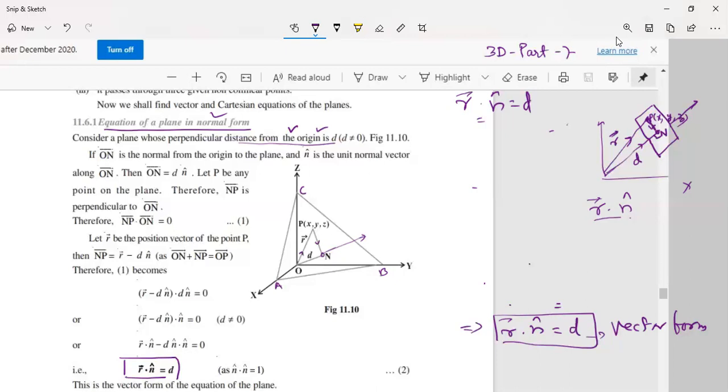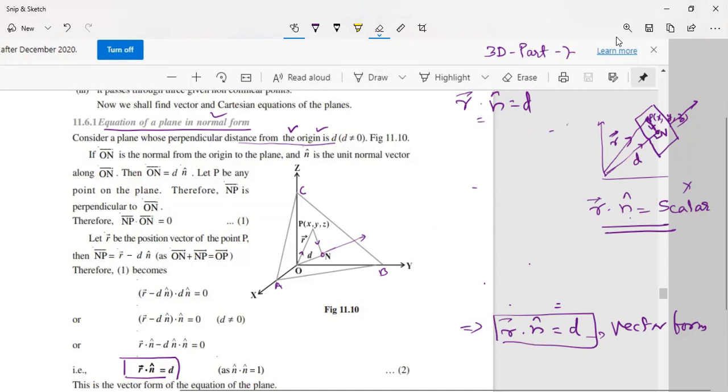My dear, r dot n is a scalar quantity. How can you say what the direction of a scalar quantity is? It has no direction. Your question is wrong. That's why the right hand side you are getting is d. D is a distance. The dot product is always a scalar quantity.